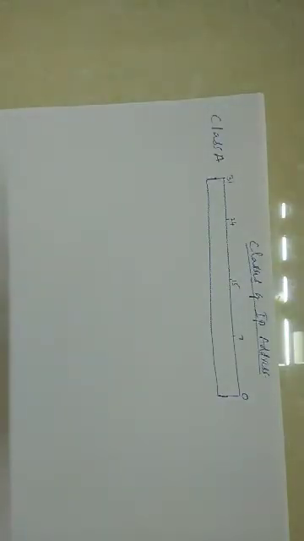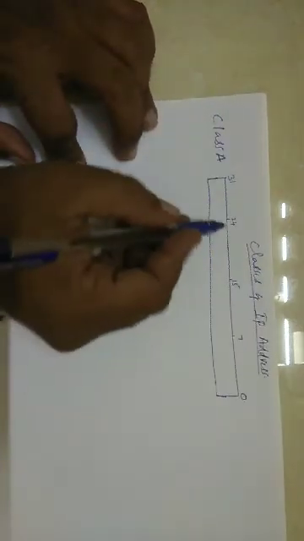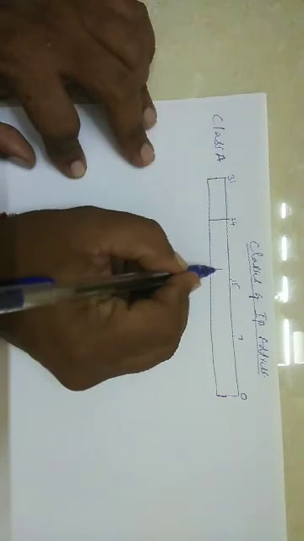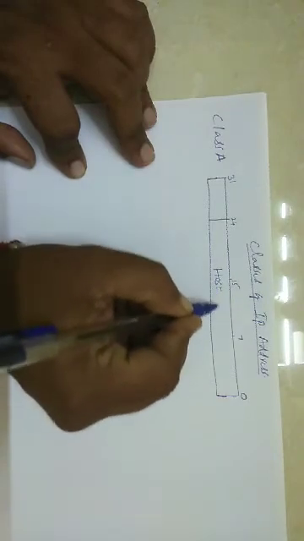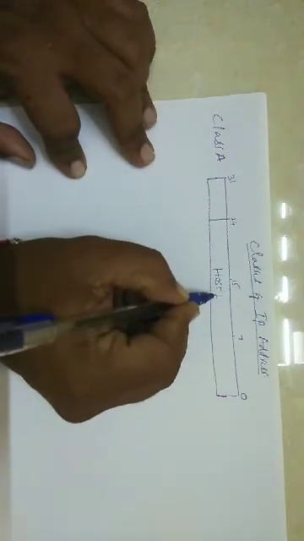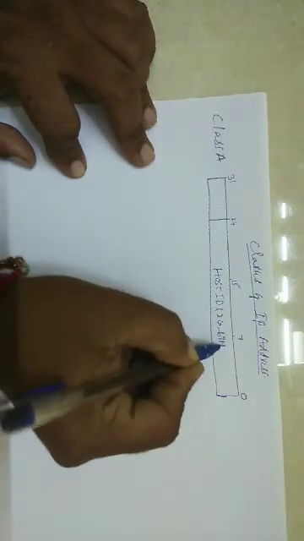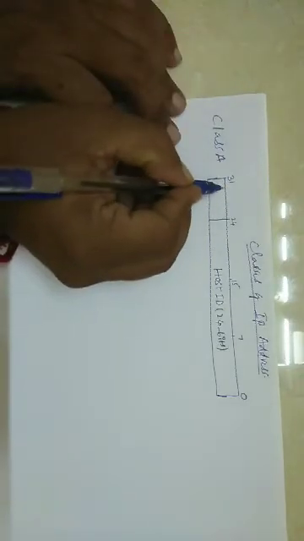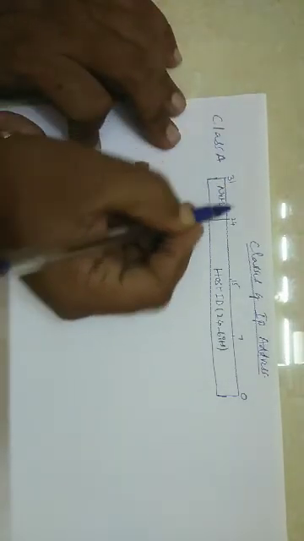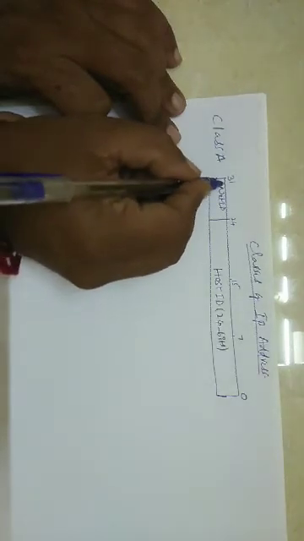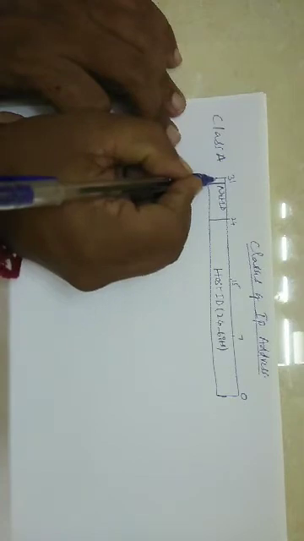In a class A IP address, we have 24 bits for host ID and 8 bits for net ID. Among the 8 bits, 1 bit we are using as class identification.